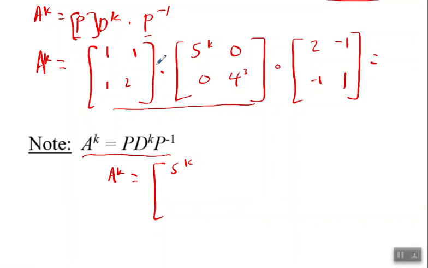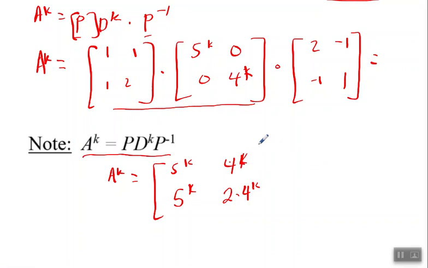First row by the second column is going to be our entry, and whoops, I said I was going to call it 3 later. So it's 4 to the k. Second row times the first column is still going to give you 5 to the k. And then the last one is going to be 2 times 4 to the k.